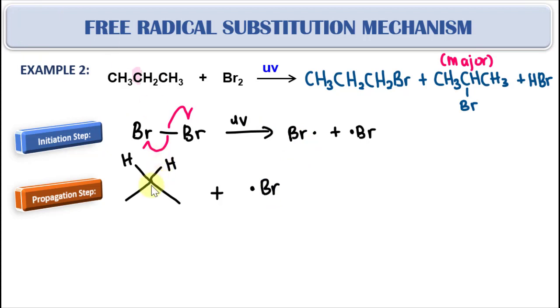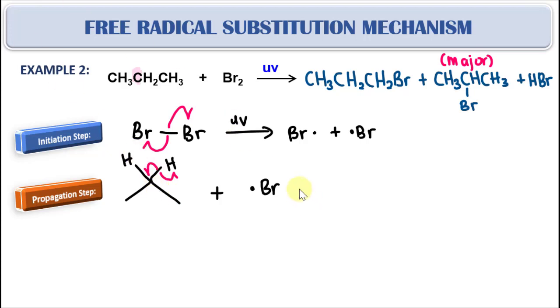So the reaction will only occur on one of the carbon-hydrogen bonds here. So let's say I'll make the reaction on this bond. First I'll break the bond between the carbon and hydrogen homolytically. So hydrogen will get one unpaired electron, and carbon also gets one unpaired electron.